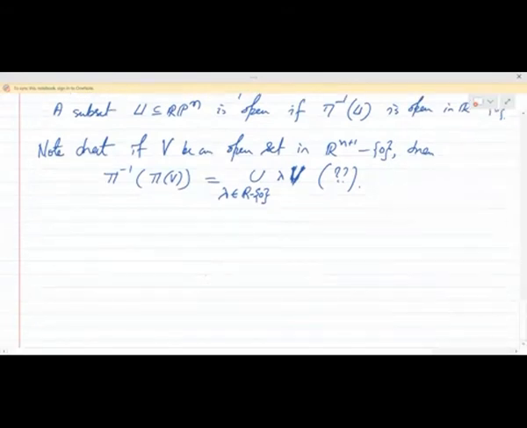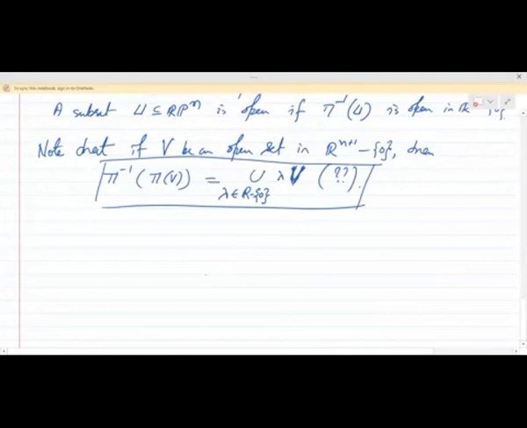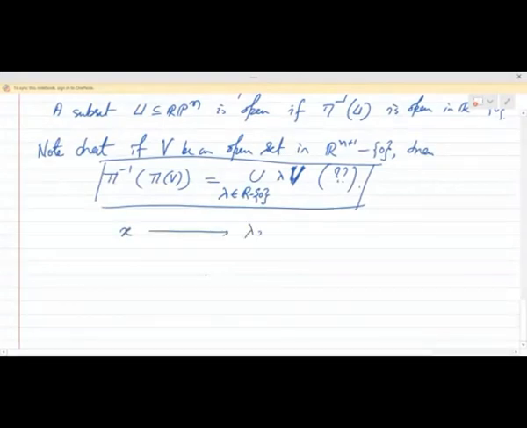This decomposition of pi inverse of pi V tells you that the map x to lambda x, from Rn plus 1 minus 0 to Rn plus 1 minus 0, is always a homeomorphism for each non-zero scalar lambda.